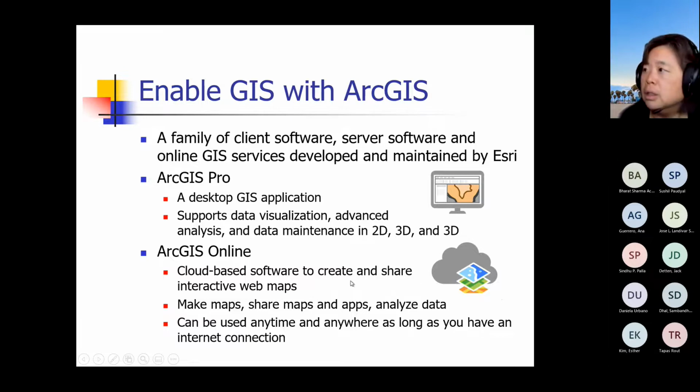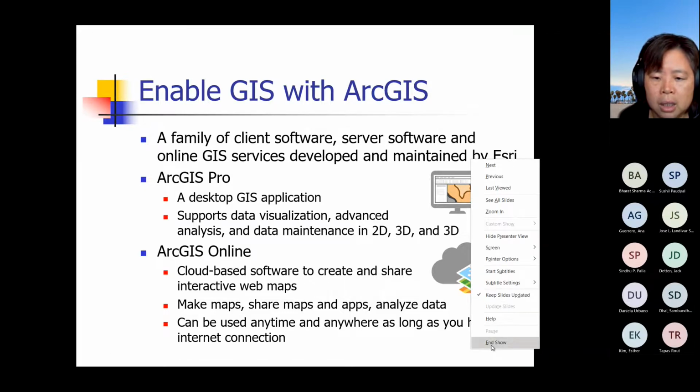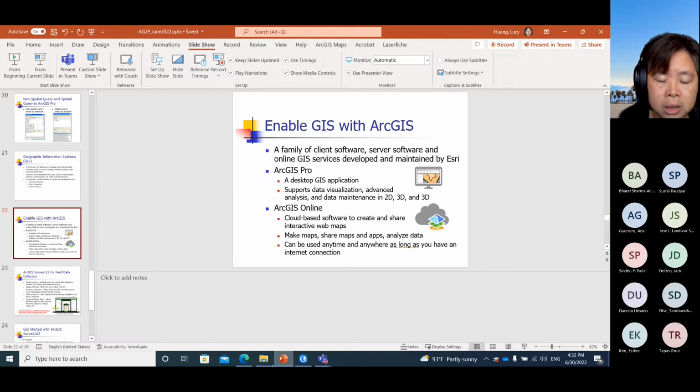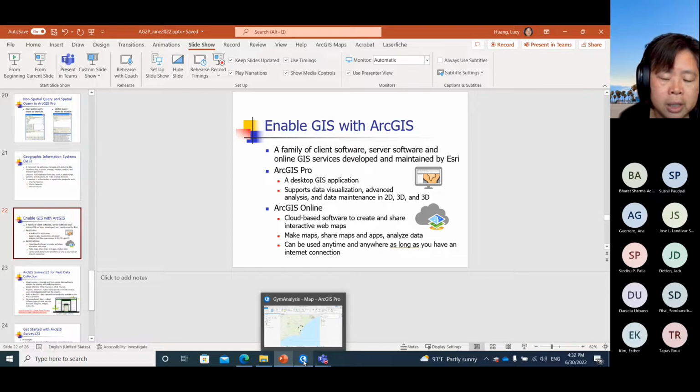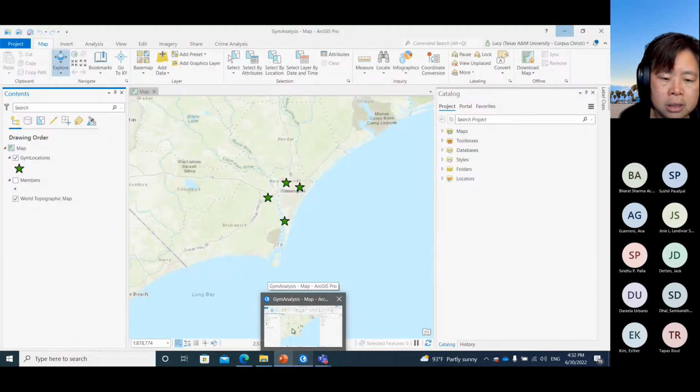I think I sent you an email to invite you to join ArcGIS Online, our university's ArcGIS Online. You might already have one, since College Station and Kingsville also have ArcGIS Online.